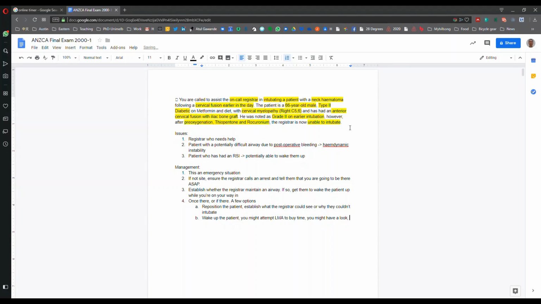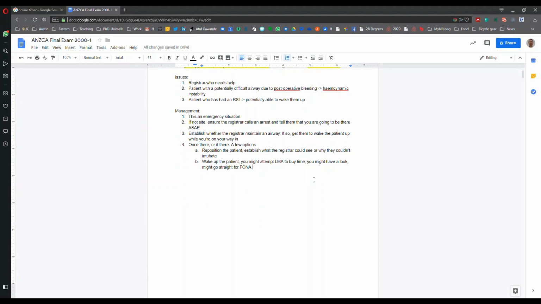Or you might go straight for front of neck access. Okay, so that's just me thinking out loud and typing as we go.